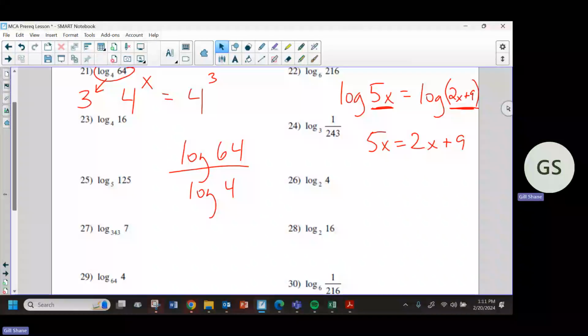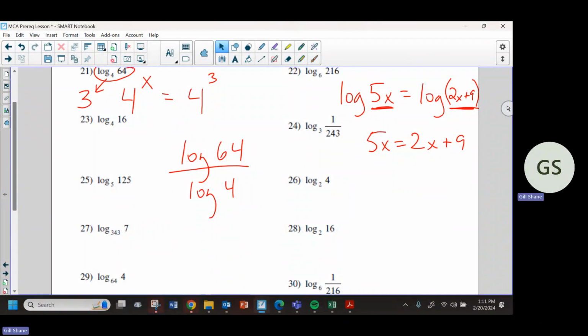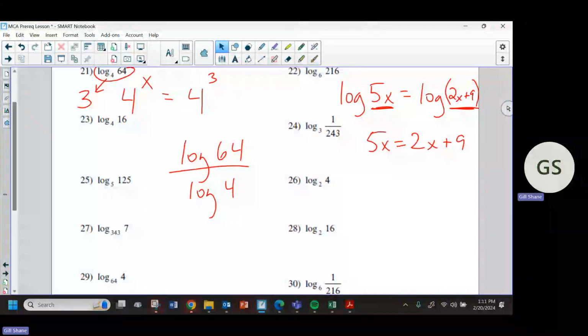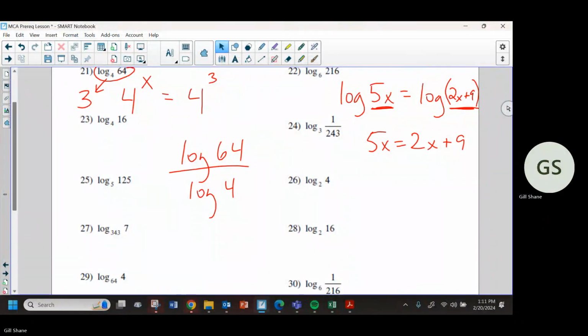What is number 6? Oh, it's a negative. Go girl. We're trying number 6.